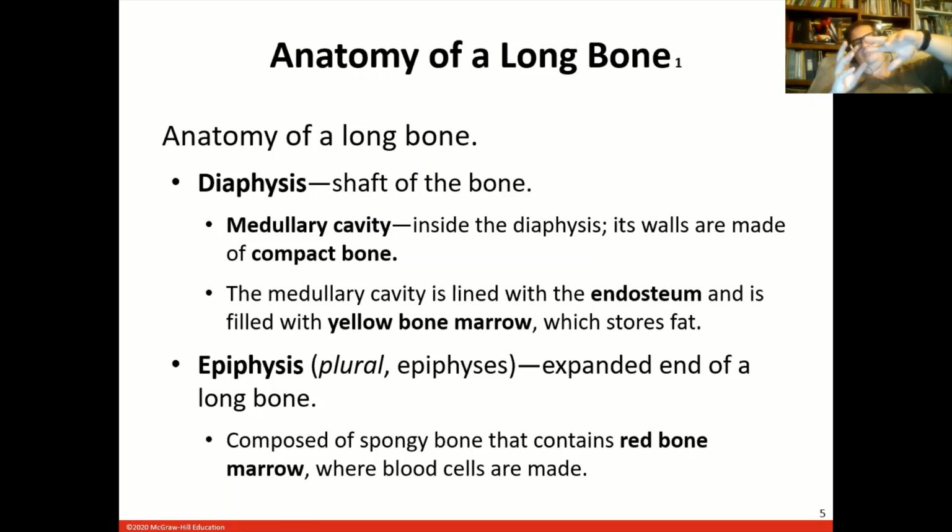That's why they call it spongy bone. It's got little trabeculae, which are like spicules, little pieces, girders going in different directions, and the holes between them are filled with bone marrow, red bone marrow, and that's where the blood cells are actually produced. That's where we do the fancy word, hematopoiesis, the making of the red blood cells.